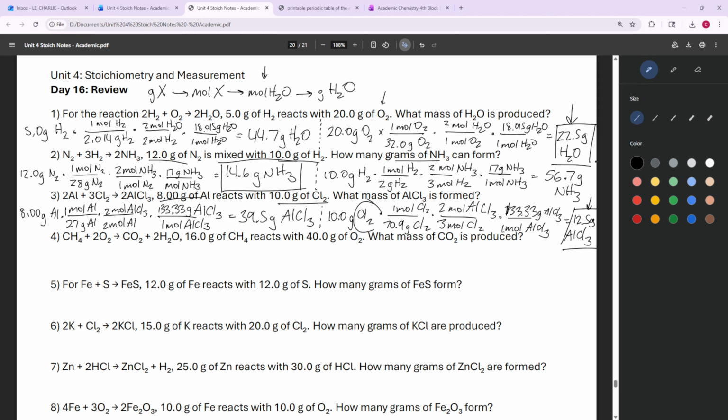Okay. For number 4, we have 16 grams of methane, 40 grams of oxygen. So again, 16.0 grams of methane times, for every 16 grams, we have a mole.